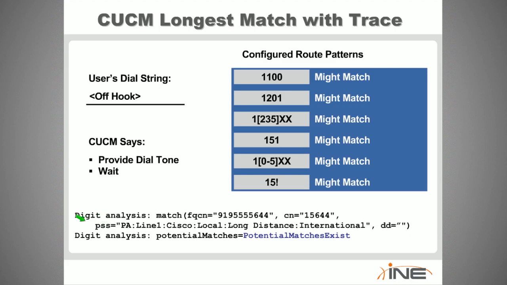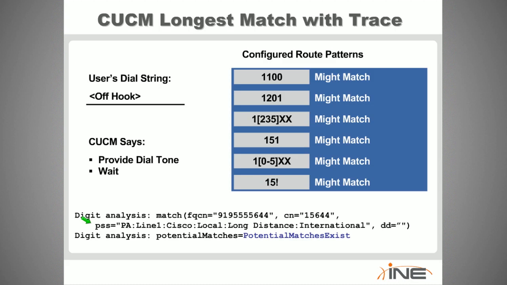So in other words, based on everything we're about to talk about with calling search spaces and partitions, whatever partitions are taken into account, in the one or multiple calling search spaces that this user has available to them, we're going to conglomerate everything together, or concatenate it, into something we'll call a partition search space.